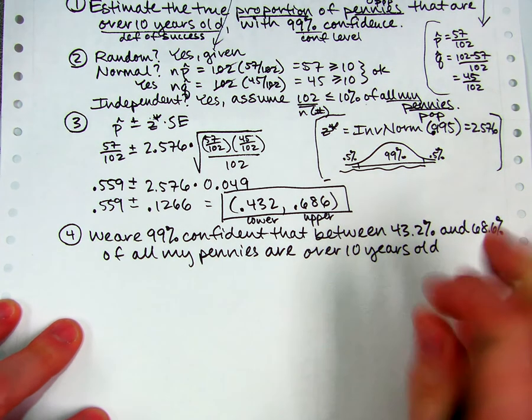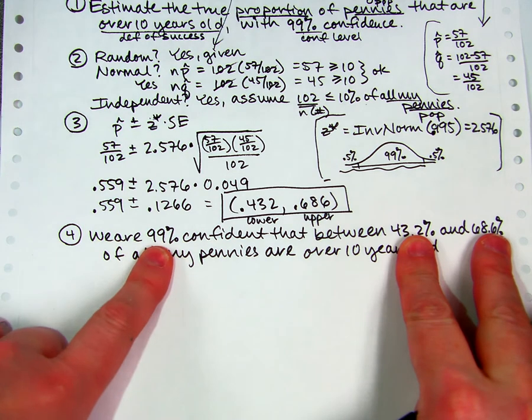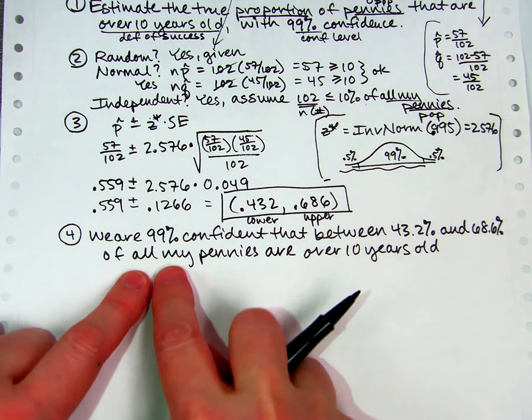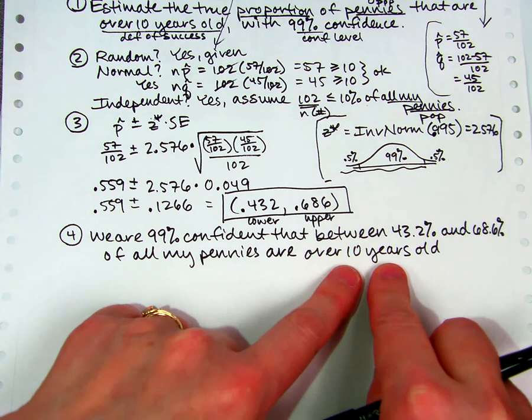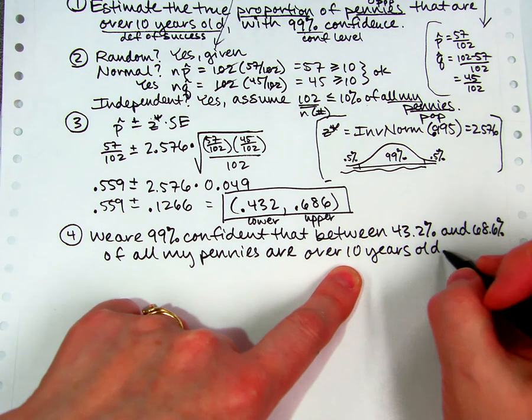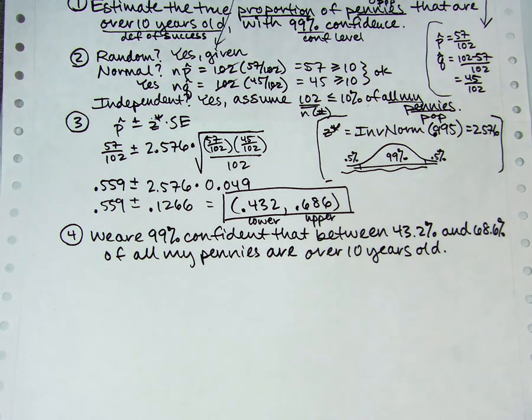So again, we're using the numbers. We're saying how confident we are. We are saying what the population is and what the definition of success is. So those are important elements that you want to always include.